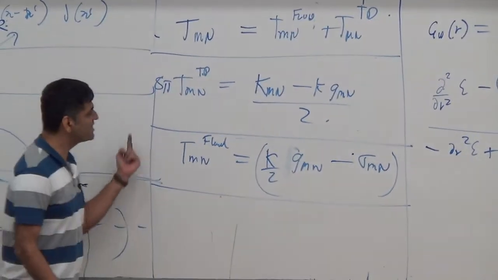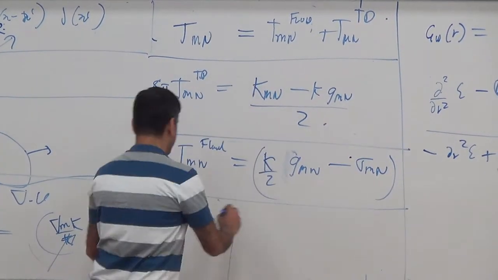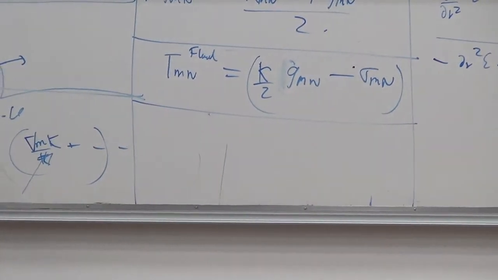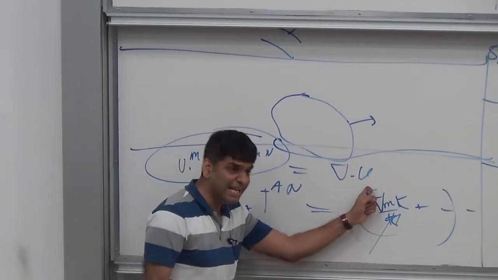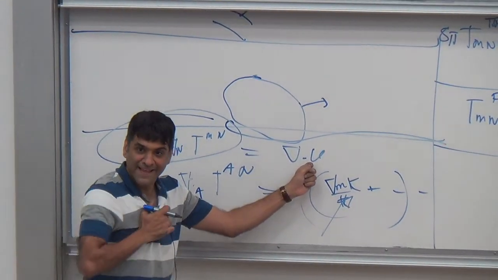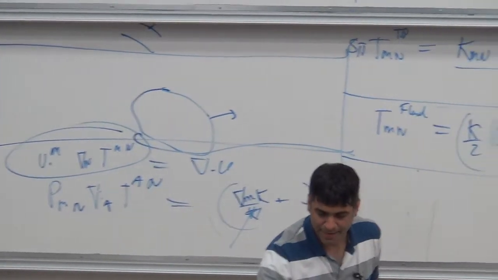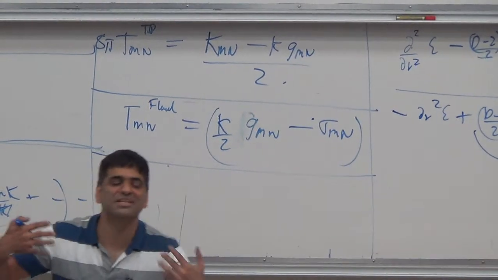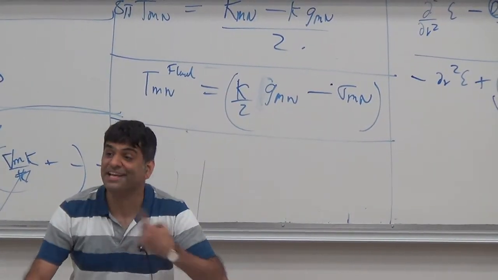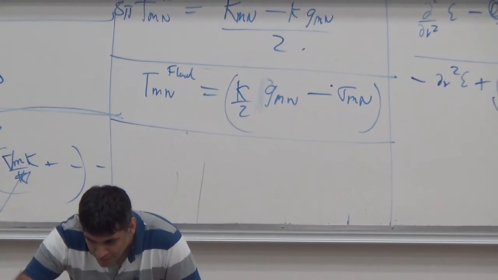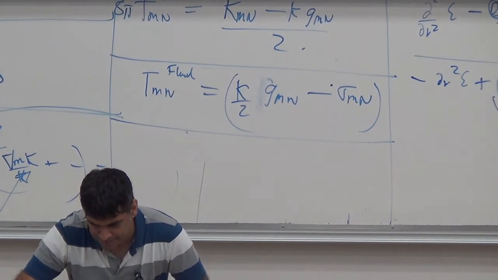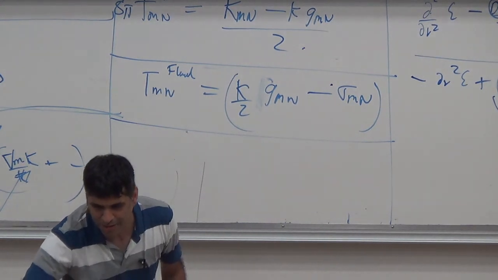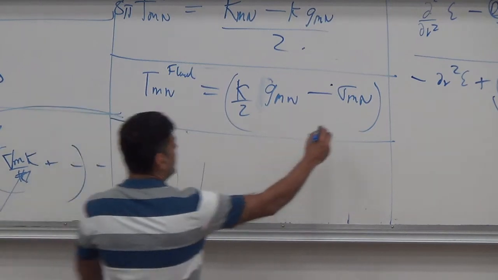Now, if you take this stress tensor and compute this object, I told you that at leading order you get ∇·u. But at second subleading order, we carried out this expansion to next order, you get a correction to ∇·u.